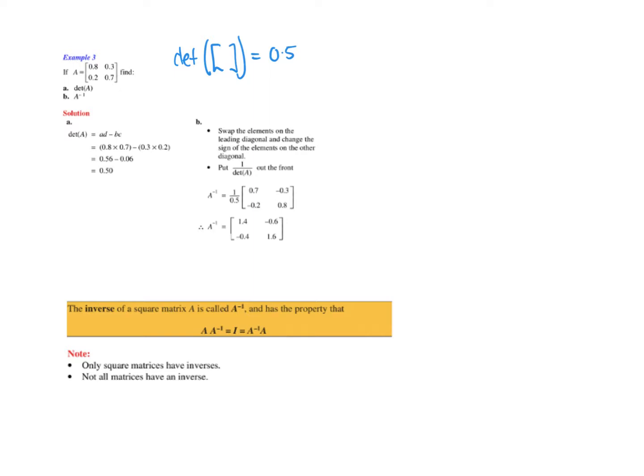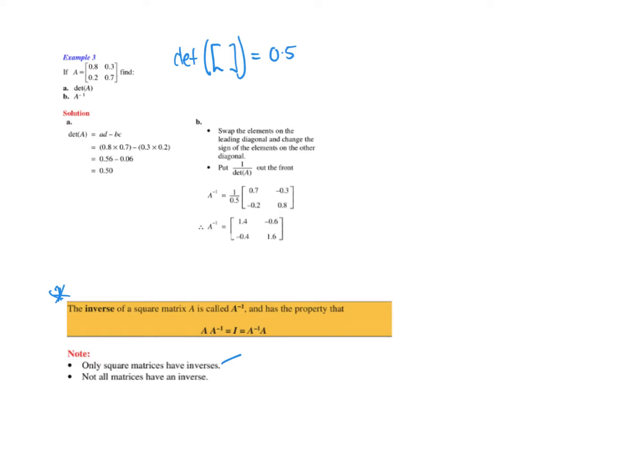And then when they ask for the inverse, the same thing, you can just type it in your calculator. Here we're just going over the fact that if you times something by its inverse, you're going to end up with the identity matrix. Only square matrices have an inverse, and that makes sense because it's the power of -1.